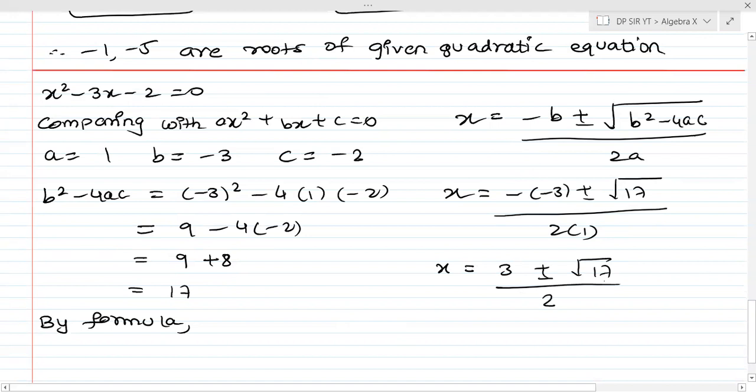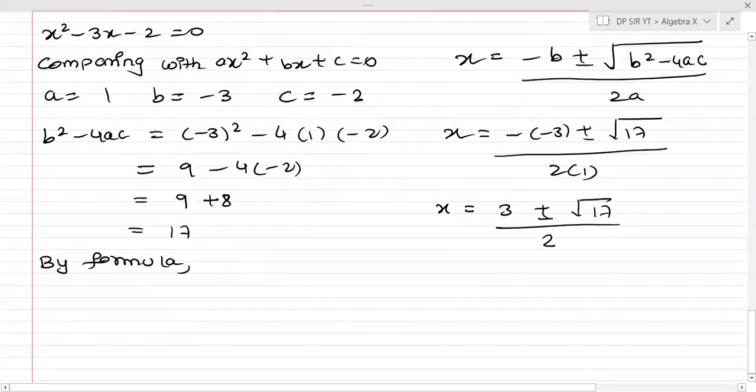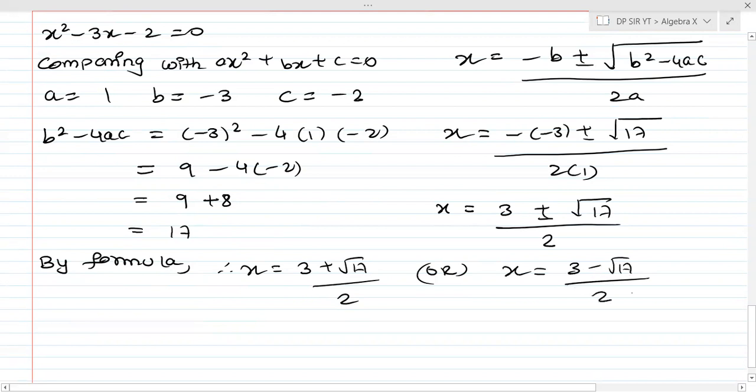Upon 2. Now you need to split your question into two parts. Root 17 is there, so what to do, nothing, no need to be worried. So therefore x is equal to 3 plus root 17 upon 2, or x is equal to 3 minus root 17 upon 2.